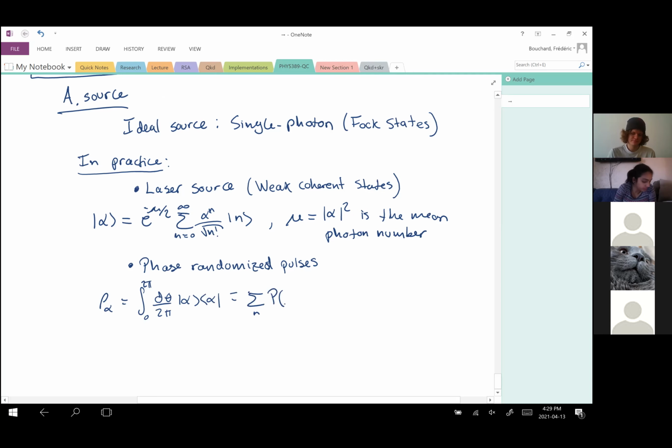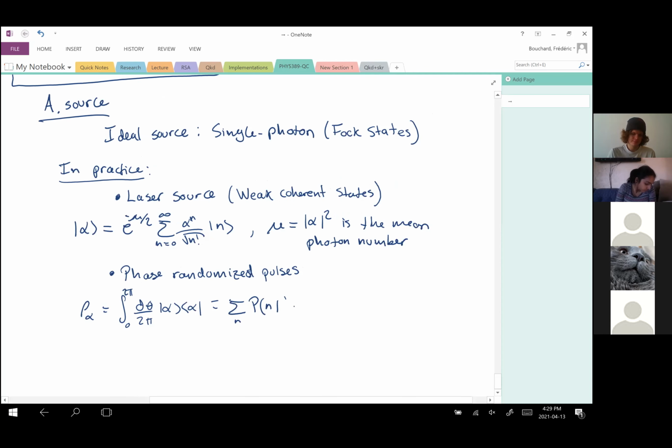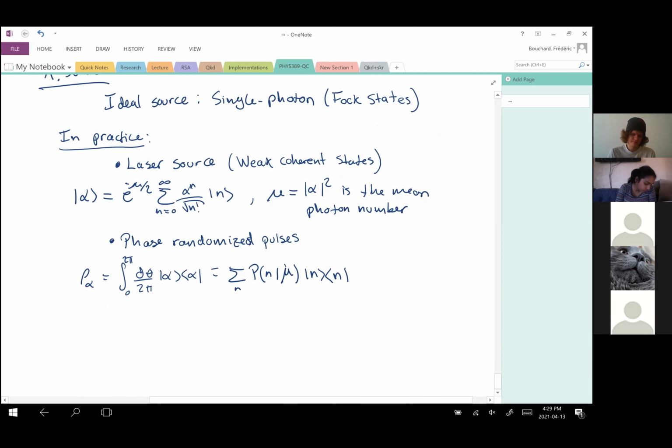So now you don't have a pure state in terms of photon number states. This is fine because you're getting rid of the phase information. This is equal to that.